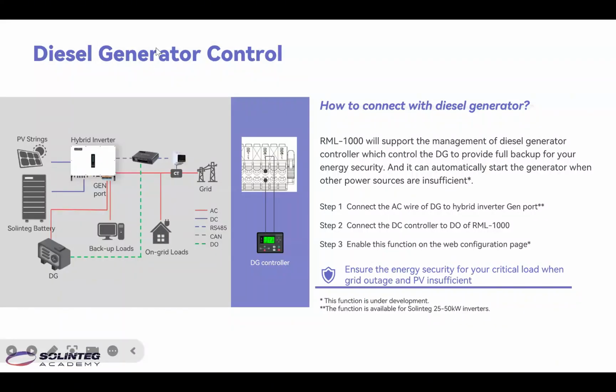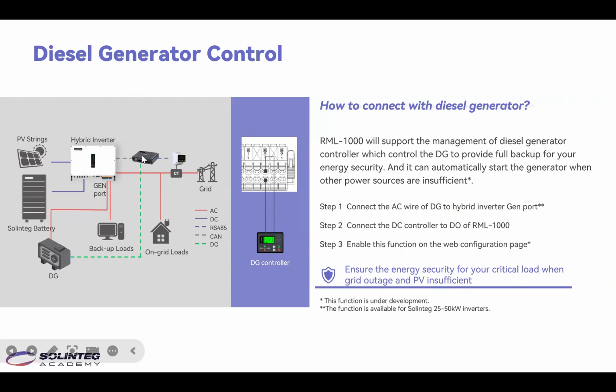Okay. We have mentioned the data logger has integrated the inverter's existing functions, and one of them is the diesel generator control. The data logger can connect with the hybrid inverter by CAN communication, and connect with the DG controller by the digital output like this.